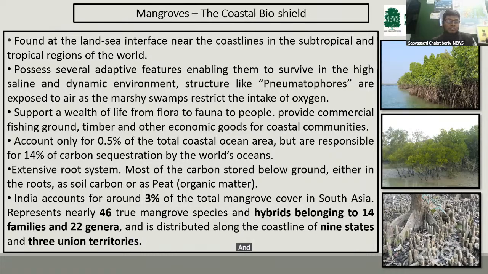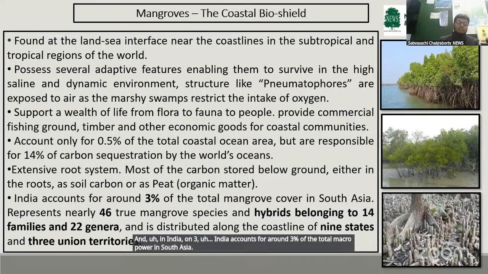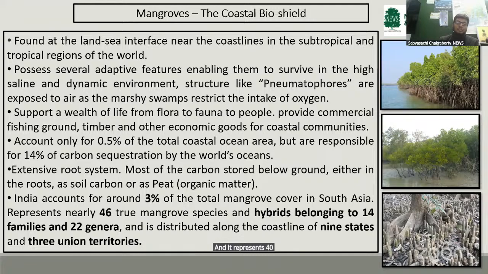And in India, India accounts for around 3% of the total mangrove cover in South Asia. In this, there are 46 true mangrove species and hybrids belonging to 14 families and 22 genera, and it is distributed along the coastline of 9 states and 3 union territories in both the east and the west coast.